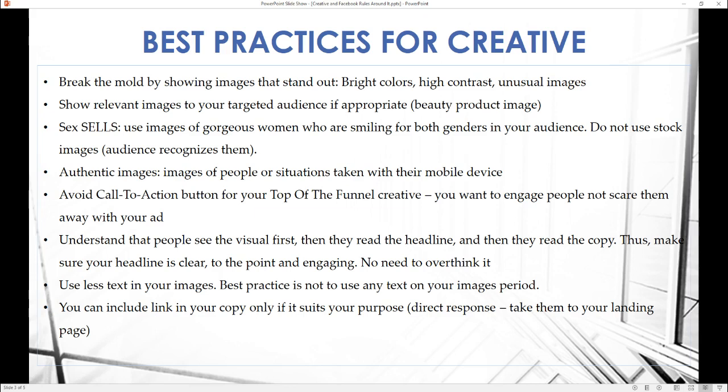So that is why certain ads, like I said in my second image when we were talking about whether you should put a link in your copy or not, in certain cases you should, right? But if you're trying to build engagement, if you're trying to build social proof, in that case you should not.